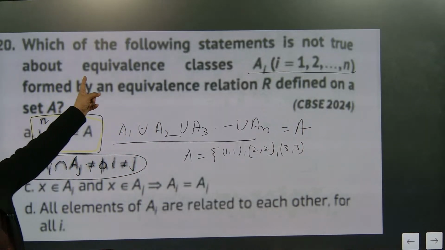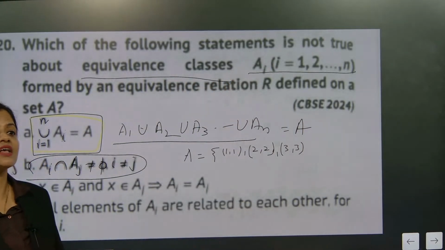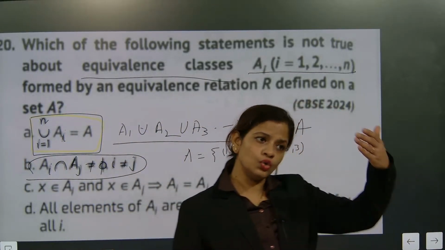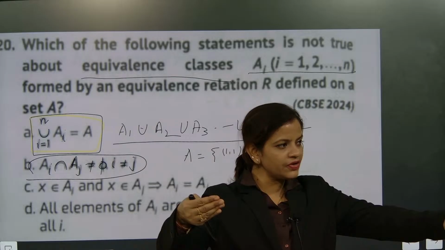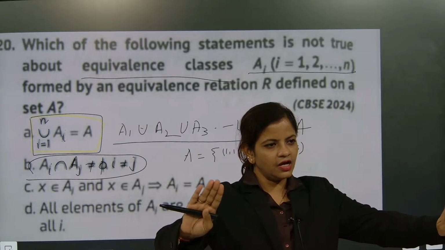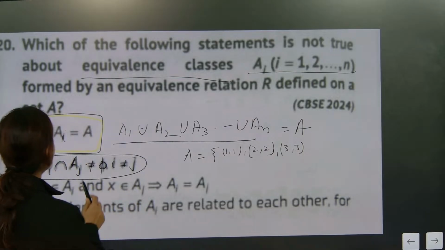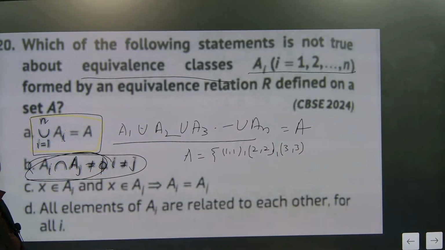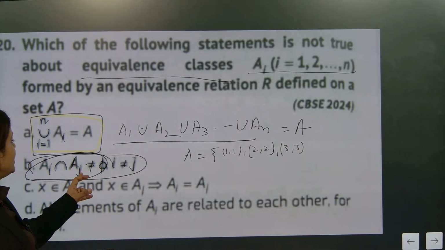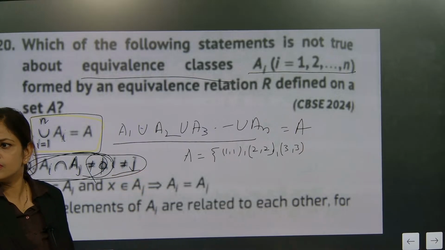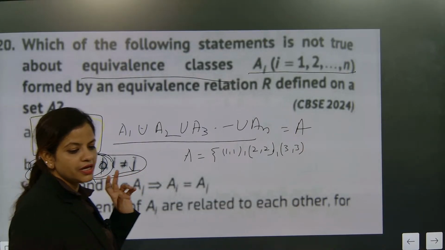They're talking about equivalence classes. Equivalence class comes when it is an equivalence relation. Understood? So two classes are equivalent, but when their intersection comes, it can be empty. But they're telling us it will never be empty when i is not equal to j. So this statement is not true.